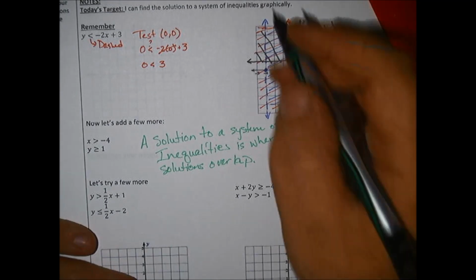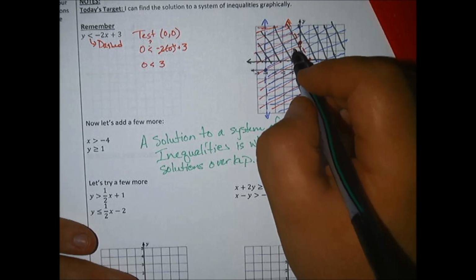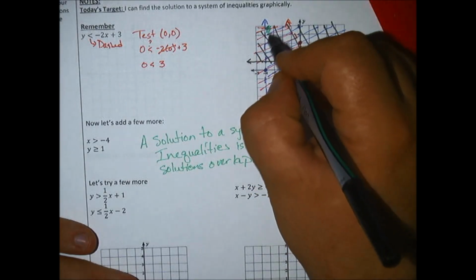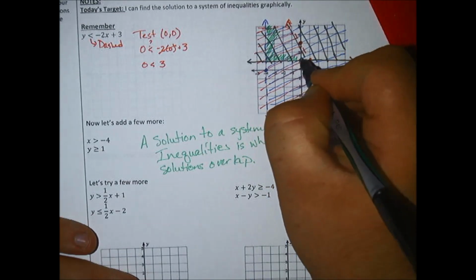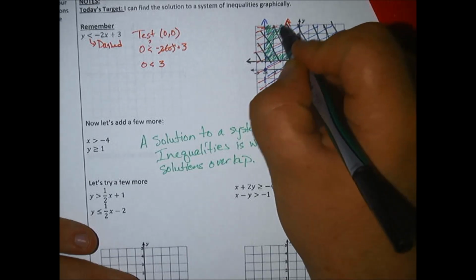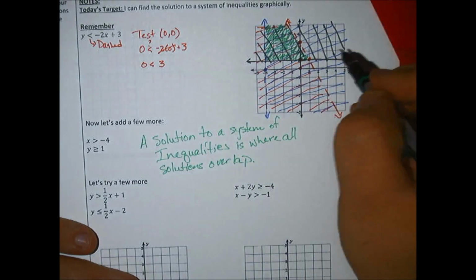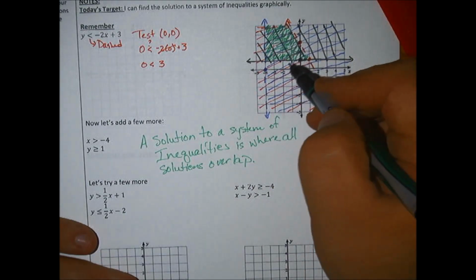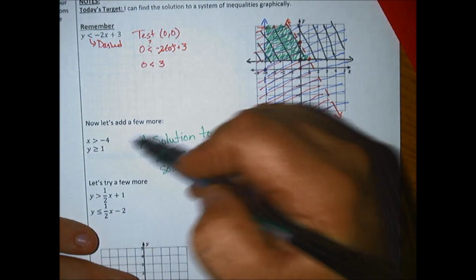So I'm only looking at where all three overlap, where I have red, blue, and black. That's this section right in here. Kind of tough to see, but it's just this section that lives right here. Any points that live in this green region make all three of these inequalities true.